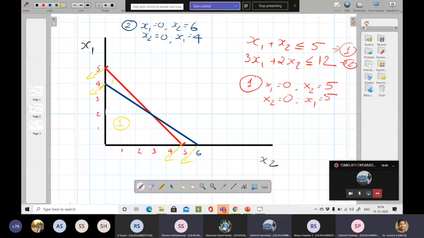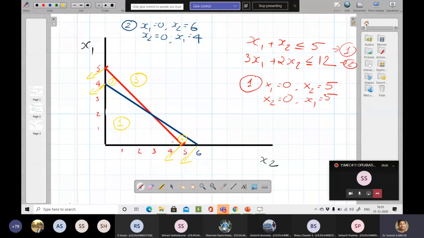Where will my solution lie? Region 1, the intersection of both the areas, so there will be only one.